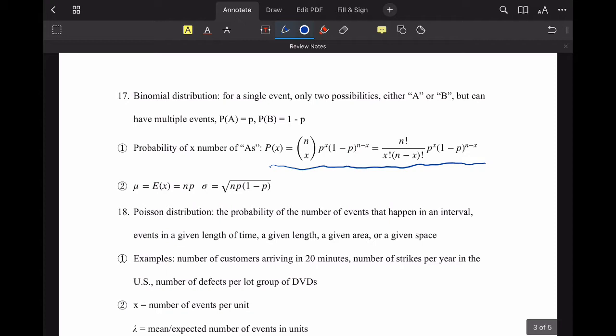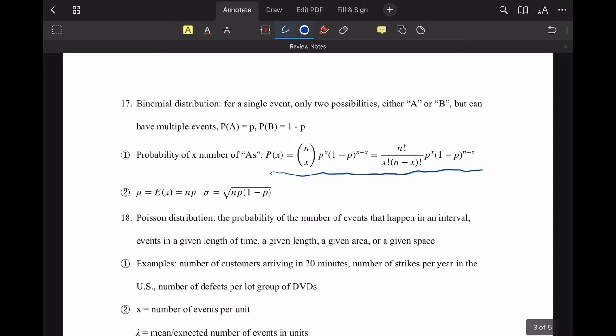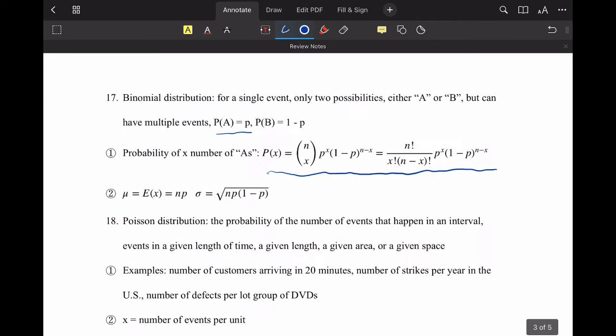So if the probability for A is P, and we did n experiments, the probability that x times the experiment turns out to be A is that first we need to have x times of A, right? So it's P to the x. And the n minus x times, since it's not A, then it should be B, because we only have two possibilities, right? So it's 1 minus P to the n minus x.